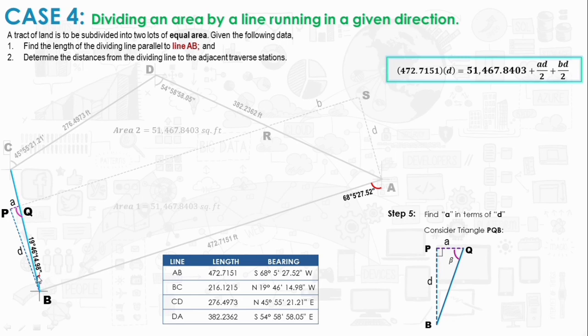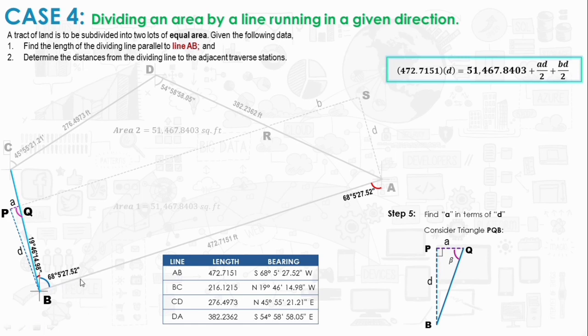Paano natin siya makukuha given ang bearing ni BC? Ito yung bearing ni BC na 19 degrees, 46 minutes and 14.98 seconds. However, dito sa drawing natin, given din yung bearing ni AB, tama? So, if this is 68 degrees, 5 minutes and 27.52 seconds, this should also be 68 degrees, 5 minutes and 27.52 seconds.